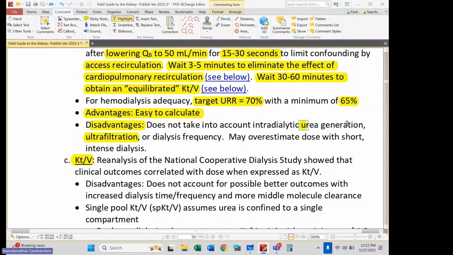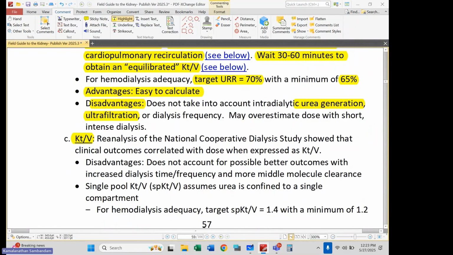The urea generation during the dialysis treatment itself would also not be captured by the urea reduction ratio. And then dialysis frequency is another parameter that affects dialysis dosing, as we talk about standard weekly KT over V. Even the single pool KT over V or the equilibrated KT over V are not taking into account dialysis frequency.